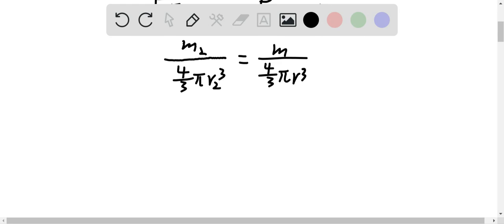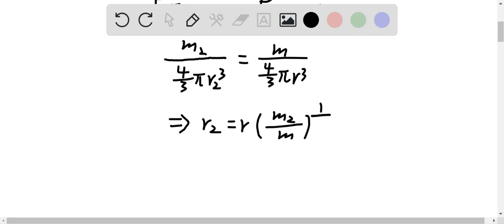And this will give us that r2, the radius of Europa, is equal to r times (m2 over m) to the power of 1/3.